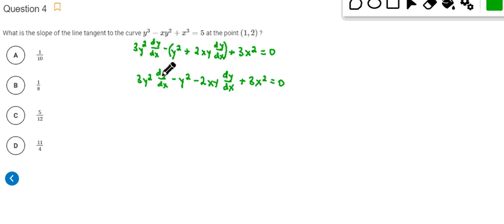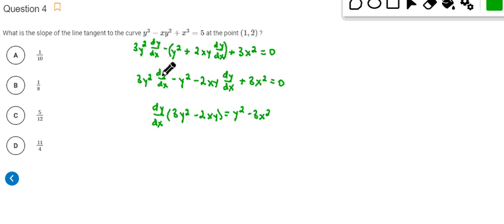Now let's group some stuff together and move some things around. We can factor out dy dx, and then we have 3y squared minus 2xy, and that equals y squared minus 3x squared.